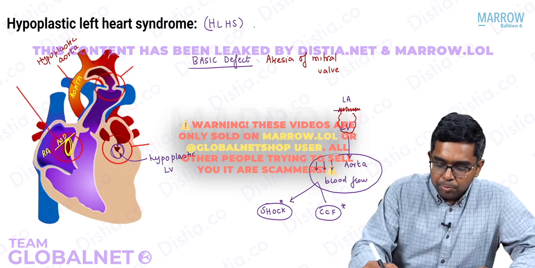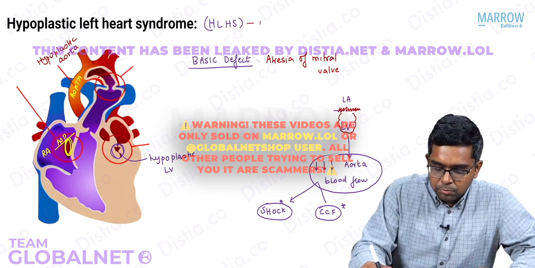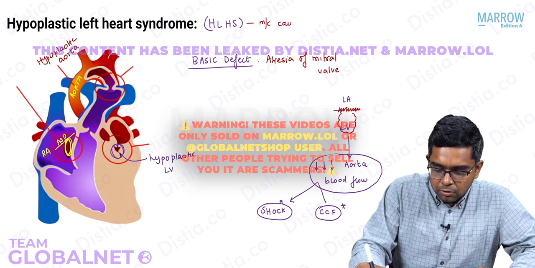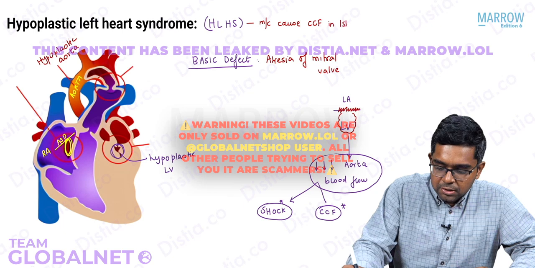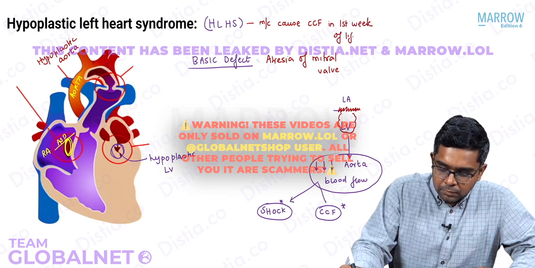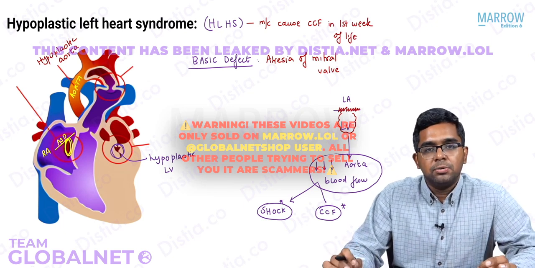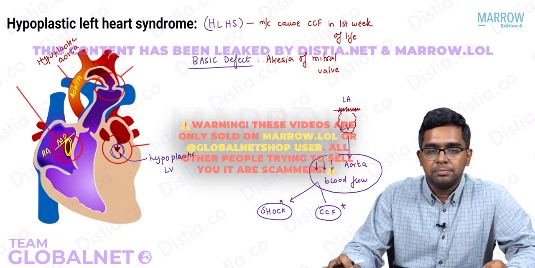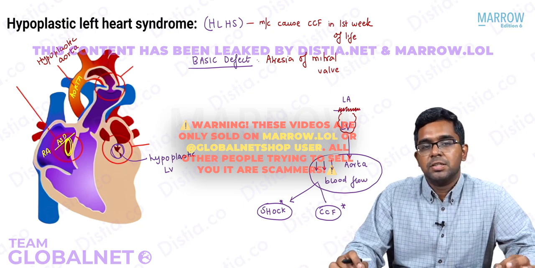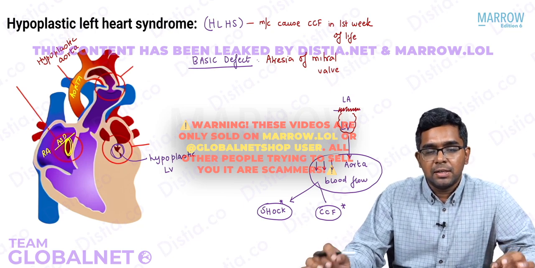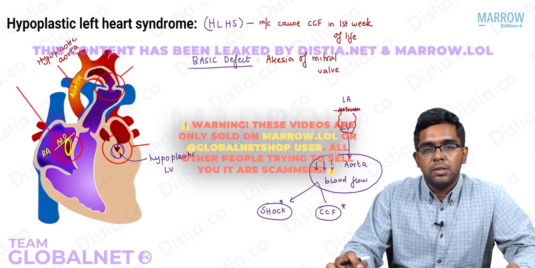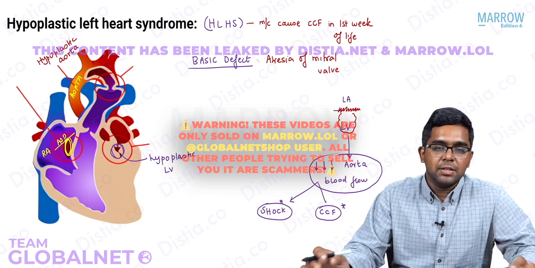Hypoplastic left heart syndrome is the most common cause of congestive cardiac failure in the first week of life. These are the main problems encountered in hypoplastic left heart syndrome. As you could infer from the findings, since this has severe manifestation starting in very early life, the prognosis is poor for hypoplastic left heart syndrome.